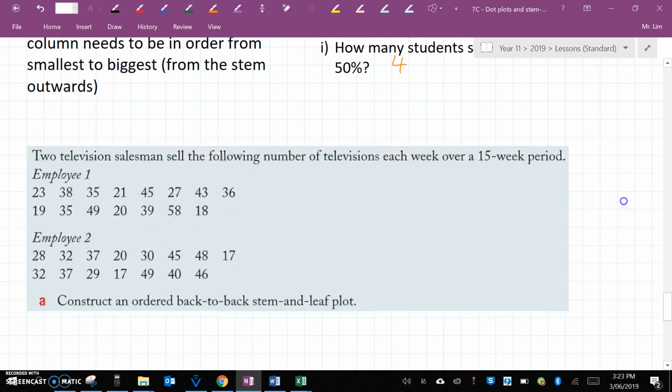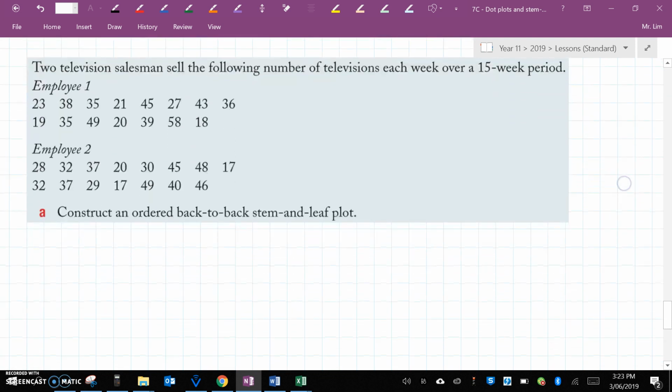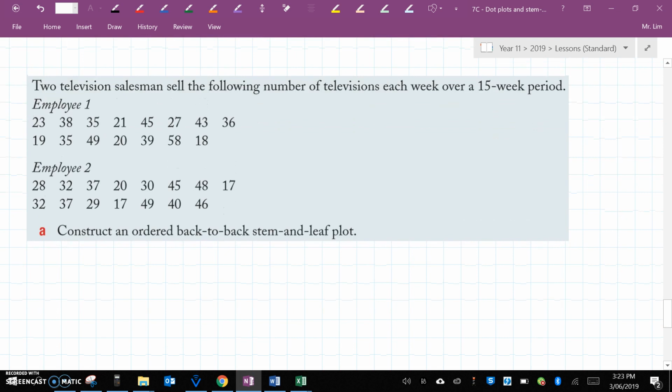Okay, so let's construct an ordered back-to-back stem and leaf plot. What's the smallest number you see here? Out of all of the numbers, I see 17 as the smallest. The largest I see is 58.